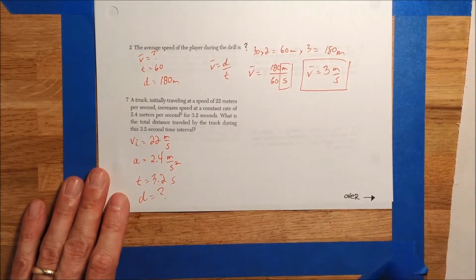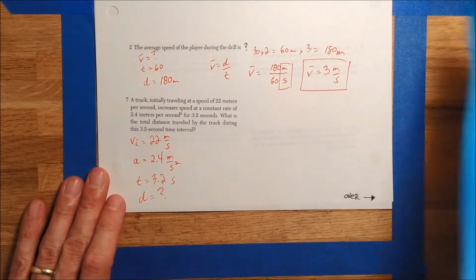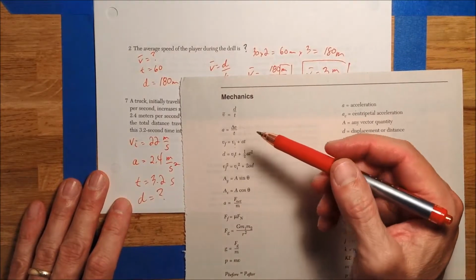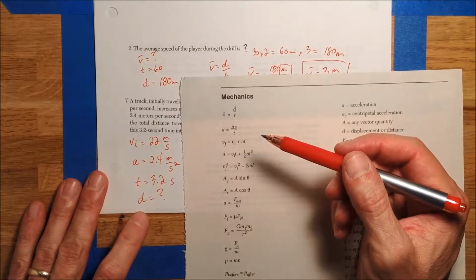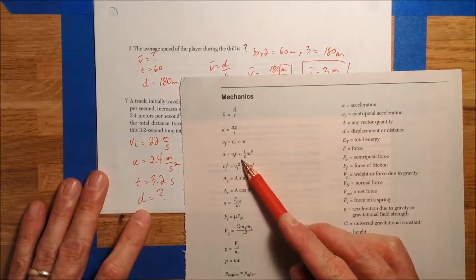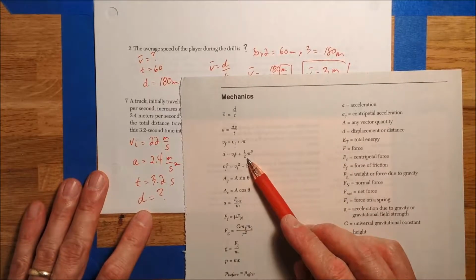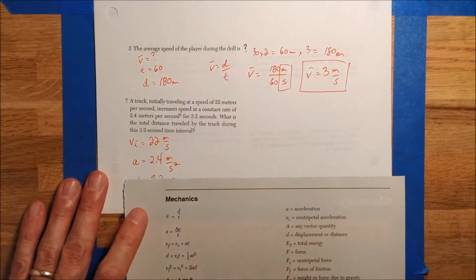With that, we have to kind of look here. Vi, a, and t, and d. We have this one here: d equals vi t. We have to use this one right here. Okay? So let's write this down.